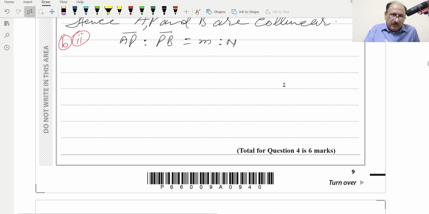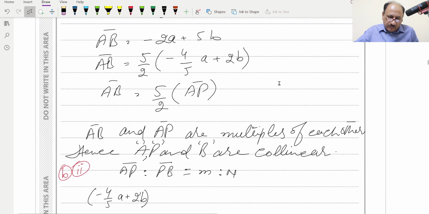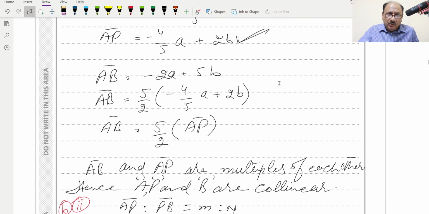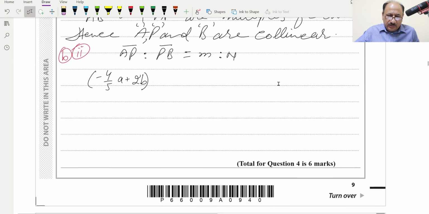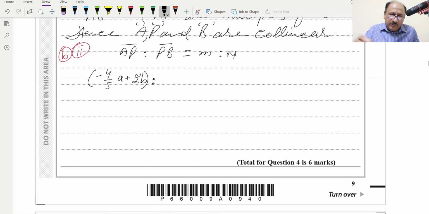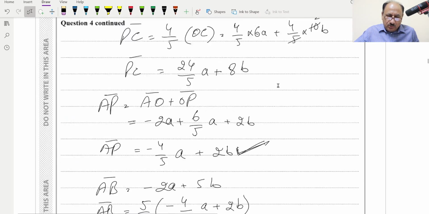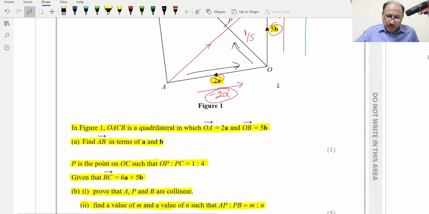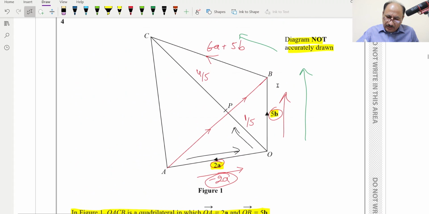So first I will write down AP. AP will be what? Minus 4 over 5A plus 2B, and AP value we have taken from here. And the second value we can rewrite PB as PO. PB can be written as PO plus OB.